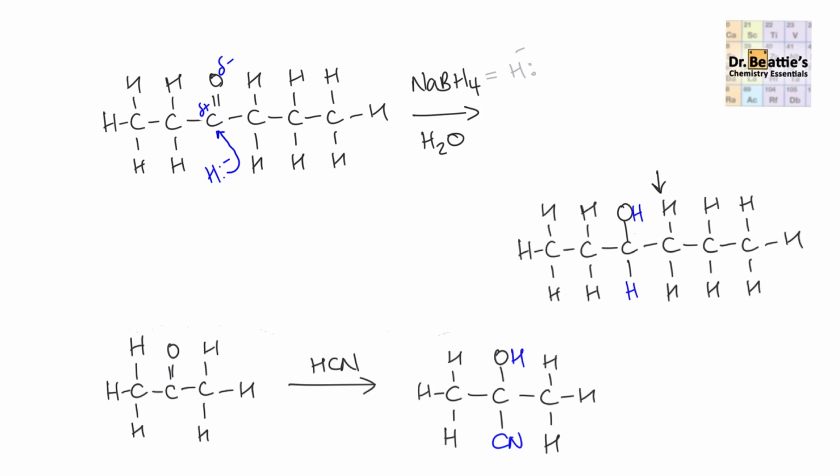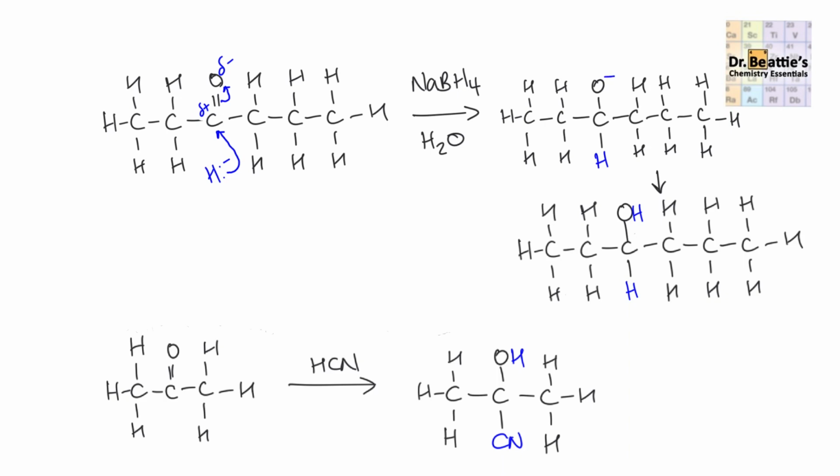Then we draw the electrons from one of these covalent bonds from the middle going onto the oxygen. This leaves a negative charge on the oxygen, and that needs to pick up a hydrogen from a proton to get to the alcohol. We take the negative charge on the oxygen and the lone pairs to attack and pick up that proton, forming our secondary alcohol.